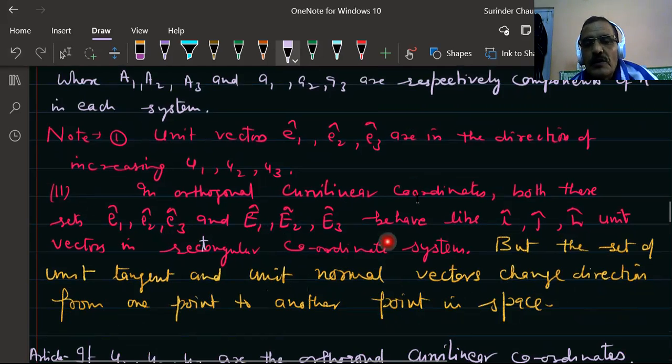But the difference is that the set of unit tangent vectors and unit normal vectors change direction from one point to another point in space.